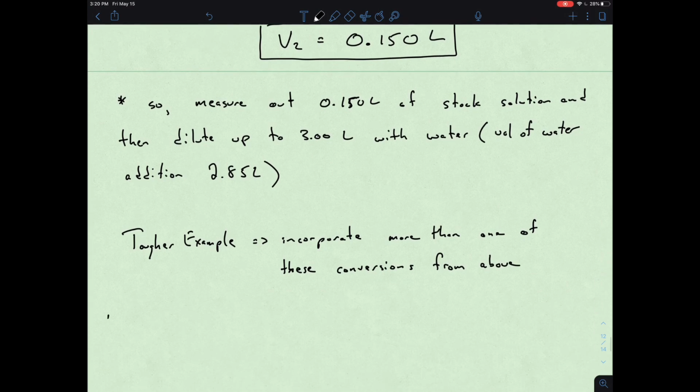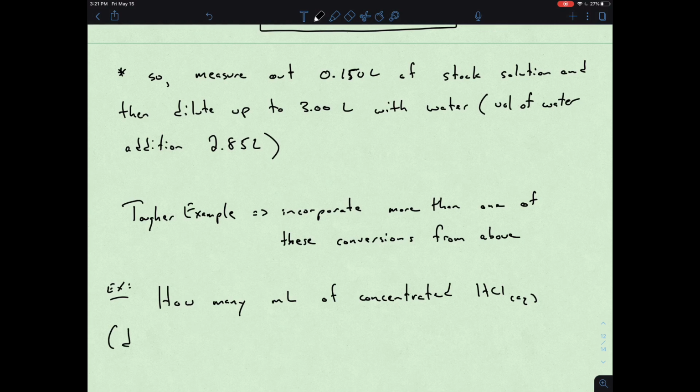So let's look at this example. The question asks us how many milliliters of concentrated HCl.